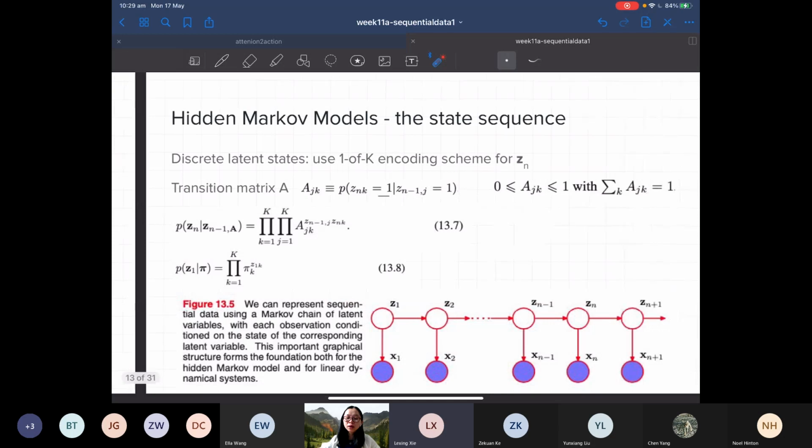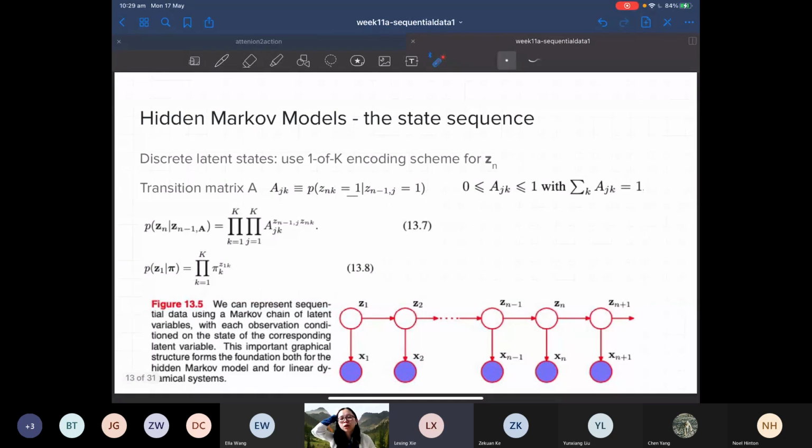Let's proceed by looking at hidden Markov models a bit more. In particular, the representation for the hidden Markov model is that we're using a one-of-k encoding scheme for the latent state zn. Assume each of these latent states has one out of k possible values.